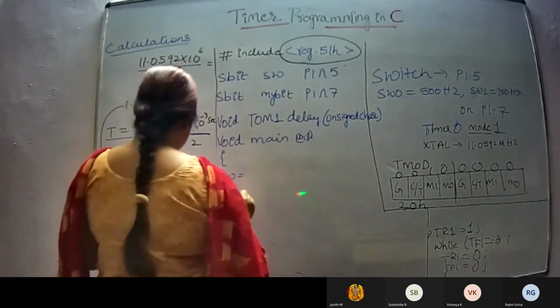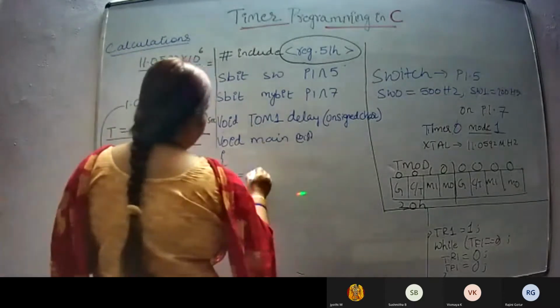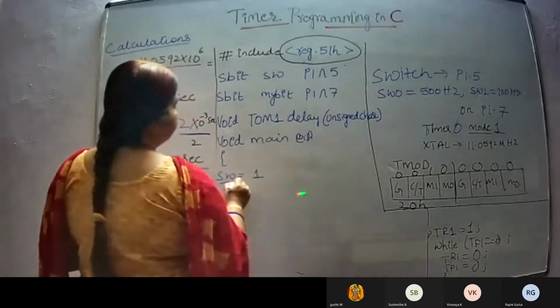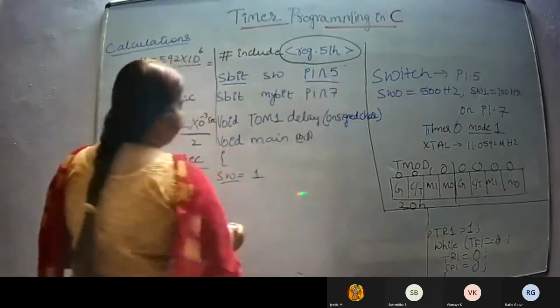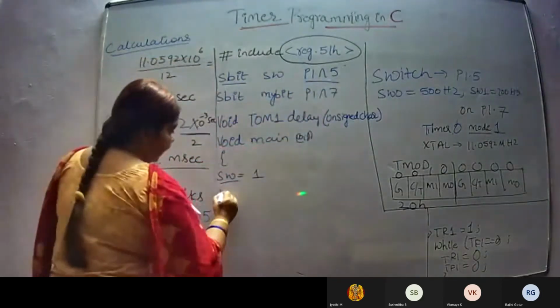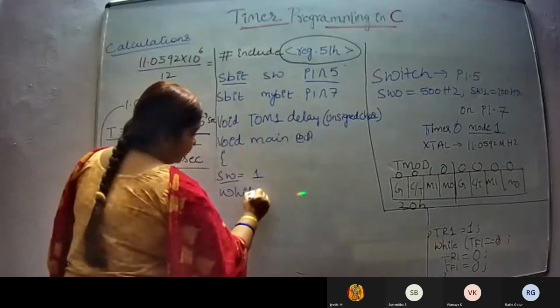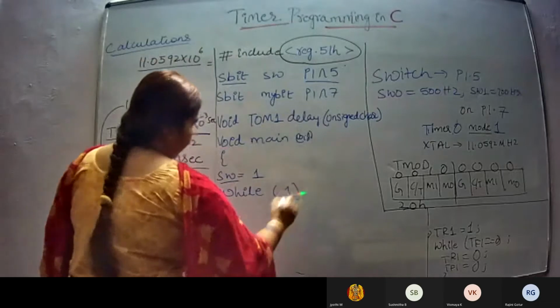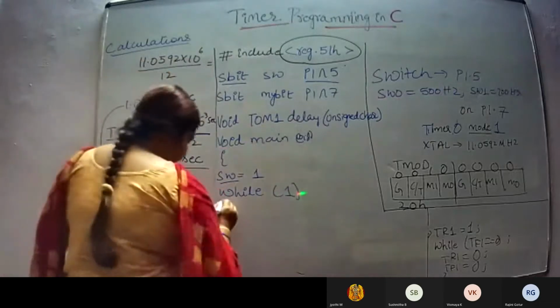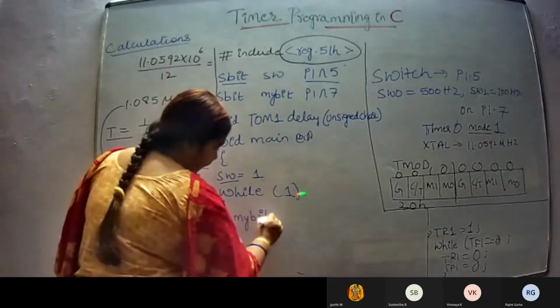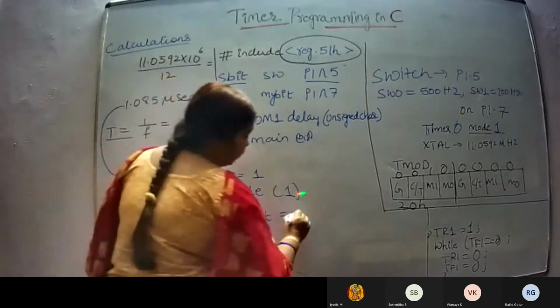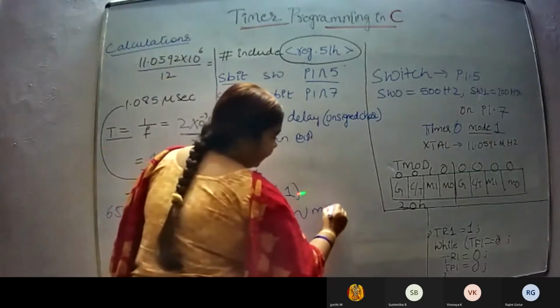Switch is equal to, I am just making it an input. SW is a single bit data type for P1^5. Next, while(1) for continuous operation. What should be generated? A square wave should be generated. So my bit is equal to the inversion of my bit.